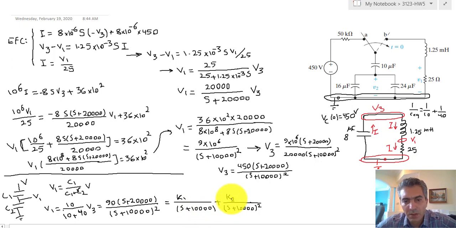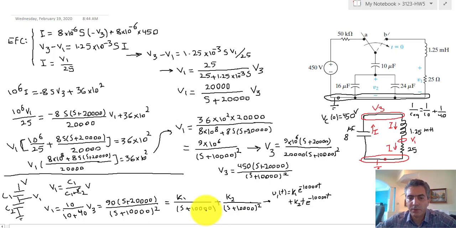This one becomes K2 t e to the minus 10,000 t. So the time domain equivalent, therefore, V1(t) is simply K1 e to the minus 10,000 t plus K2 t e to the minus 10,000 t. And you just have to calculate K1 and K2, and I'll leave that to you.